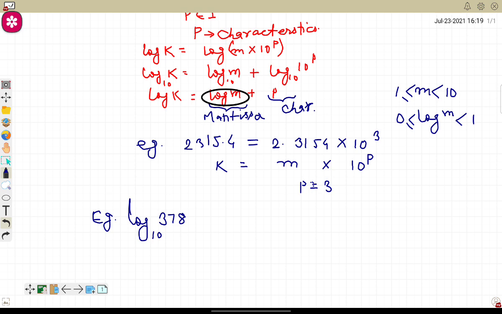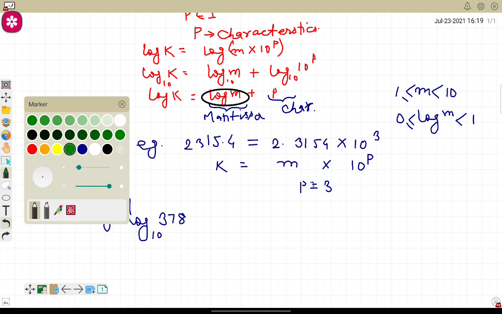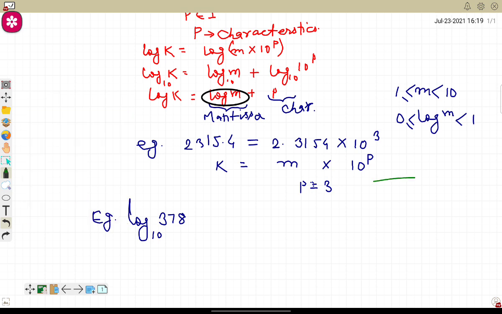How can we find this value? If a log table is given, then use the concept of characteristics. You can apply the concept for this part and find the characteristics. For the rest of the part you can use the log table, because the log table definitely gives it. Then you can apply the concept of the log table and easily find the log value.